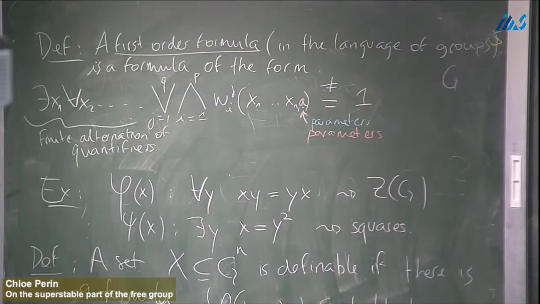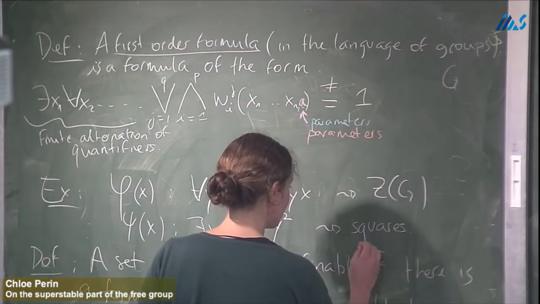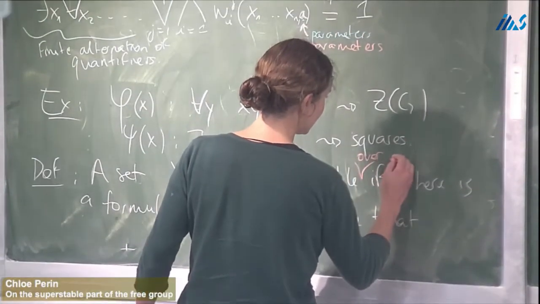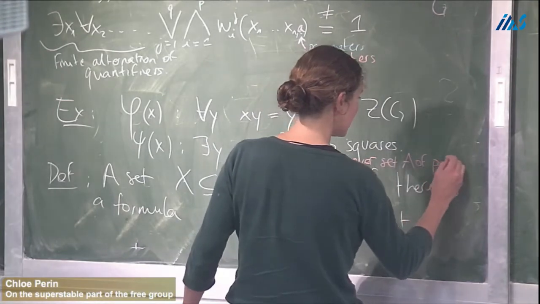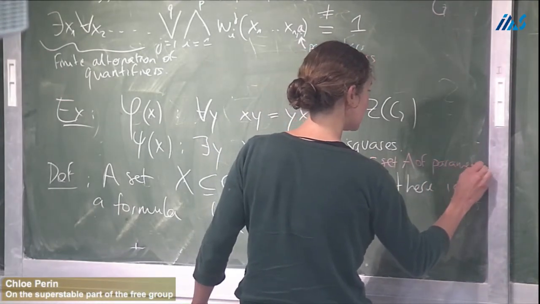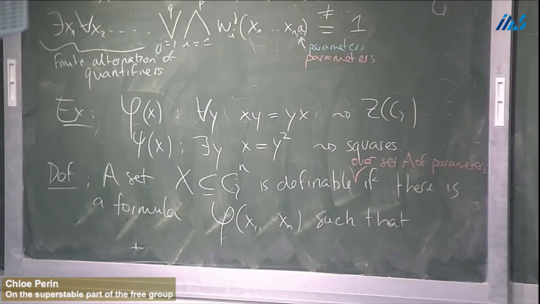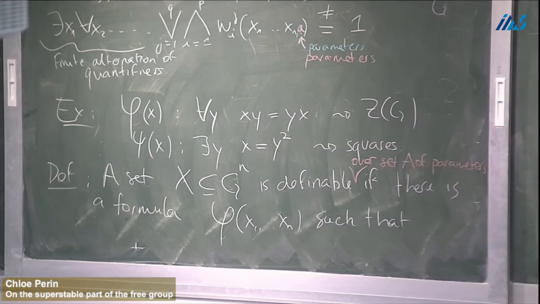So that's slightly more general, and then instead of saying that X is definable, you say that X is definable over some set A of parameters. So for example, the center of a group is definable, and the set of squares is definable.